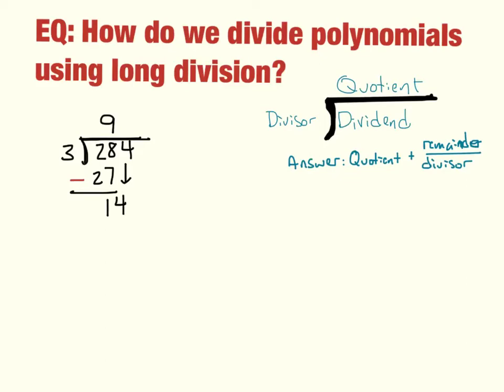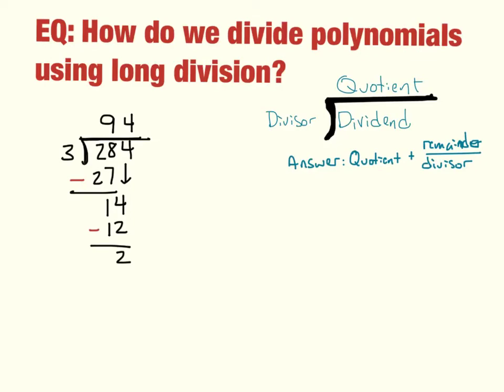How many times does 3 go into 14? 4 times. 4 times 3 is 12. Then you take away the 12, so you subtract it. Now there's nothing more to bring down. If we wanted to find an exact decimal, then we would put a point and bring down a 0 and all that stuff.